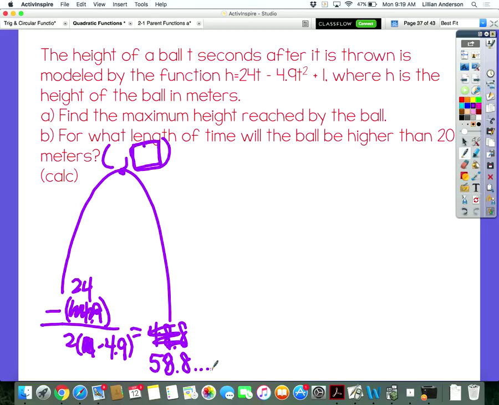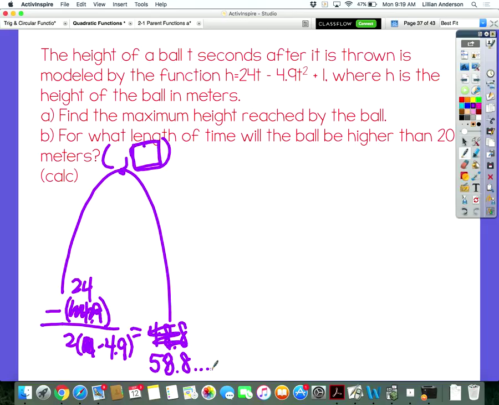So we're doing negative 24 divided by 2 times the negative 4.9. And make sure if you're doing this all in one line, you're putting that entire denominator in parentheses. So we're looking for the y value of the vertex. It was just that? Yeah, it's just 58.8?